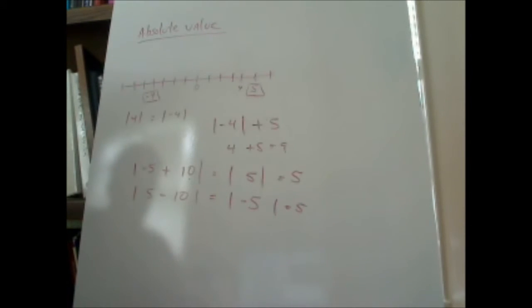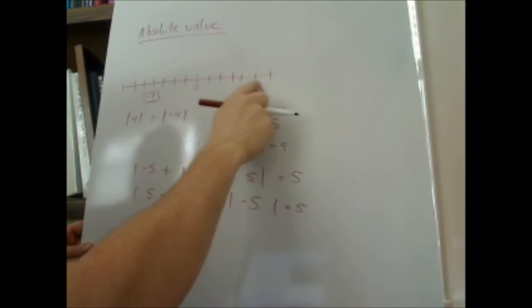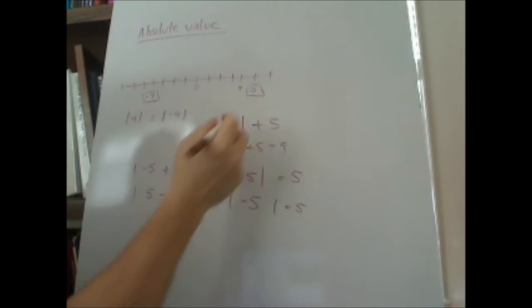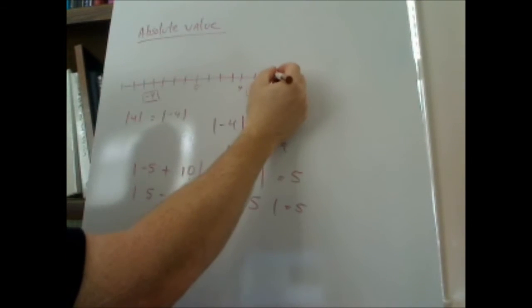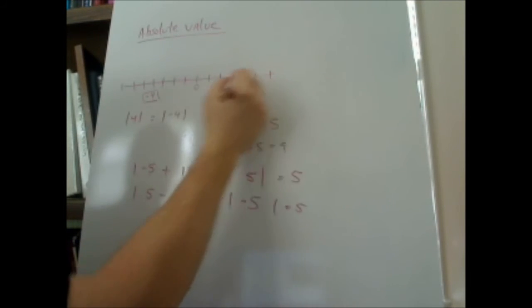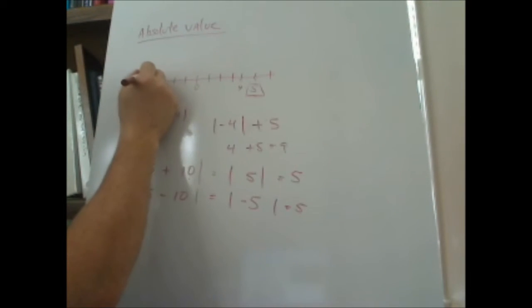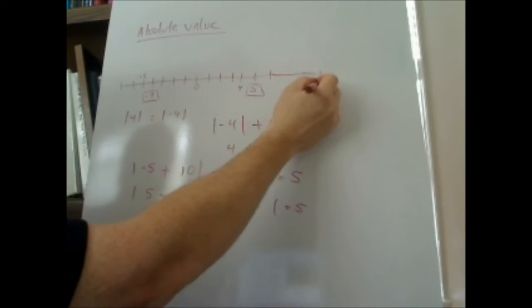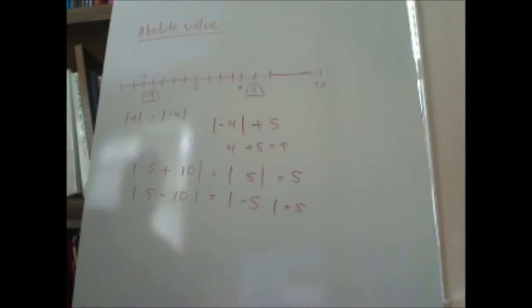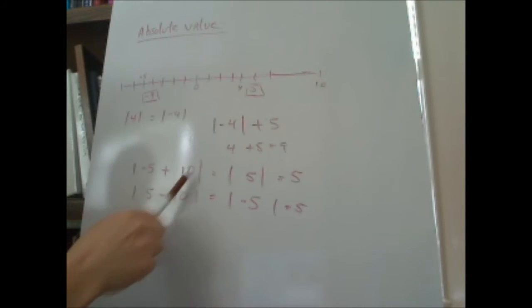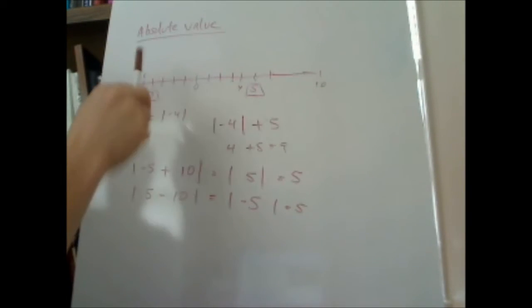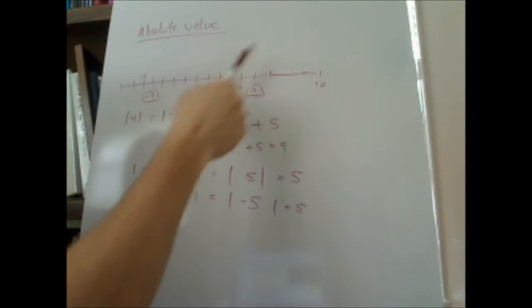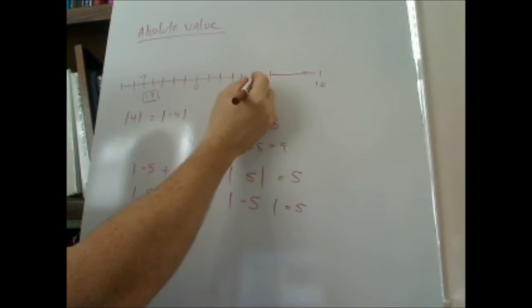Okay, so let's just do a graph here. So you're way over here. -5 is right here. And say 10 is way over here. Okay? And what we just did is 10 and -5, absolute value, is 5, which is right here.